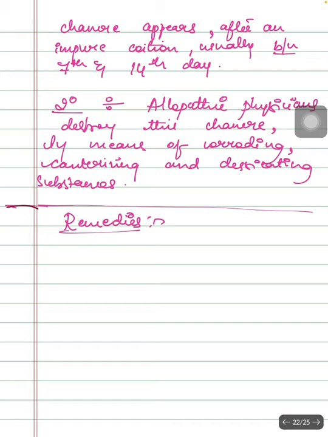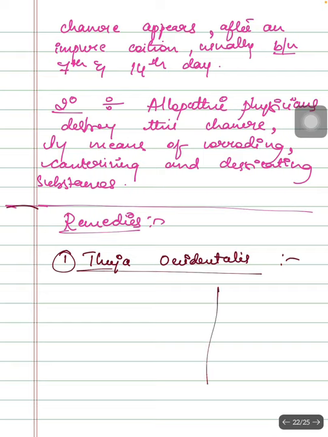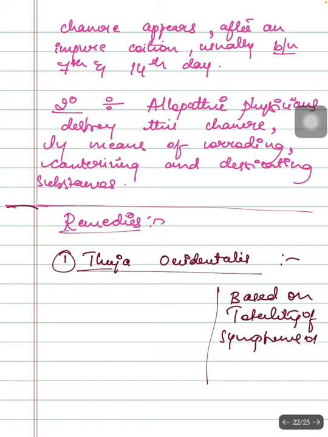And next, coming to Materia Medica here, I don't want to just give you certain remedies without basis. The basis should be the totality of symptoms, where the patient's characteristics and symptoms have to be individualized, as every patient is individual, and the similar remedy, the simillimum to that patient, has to be selected.